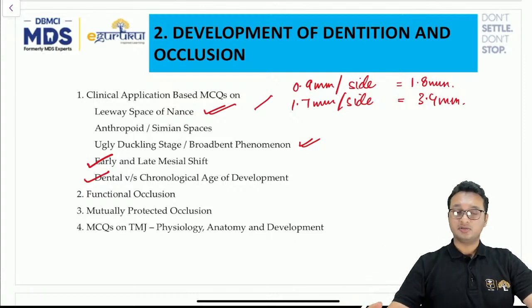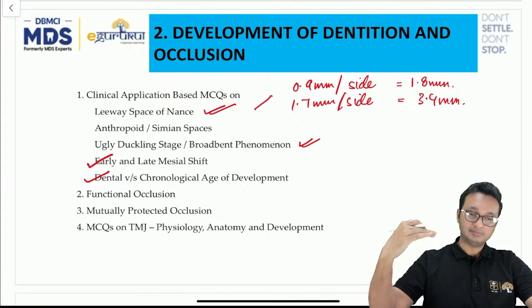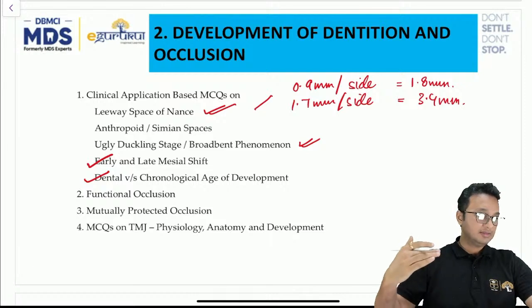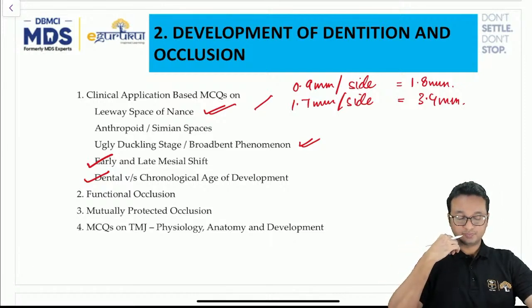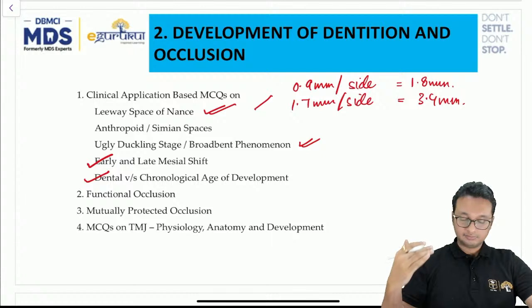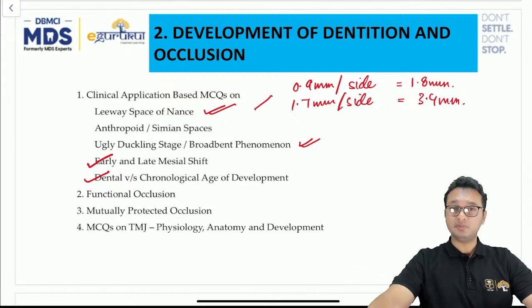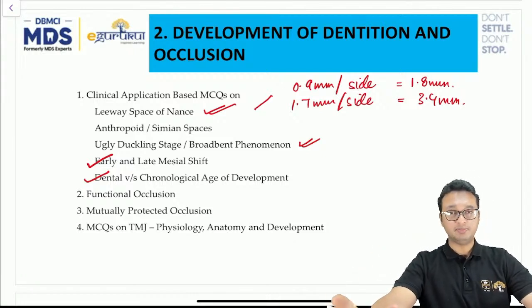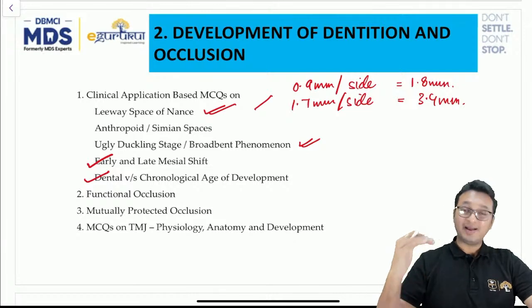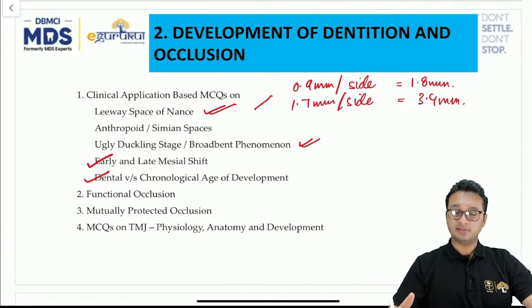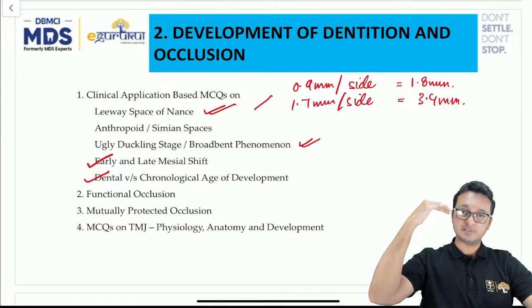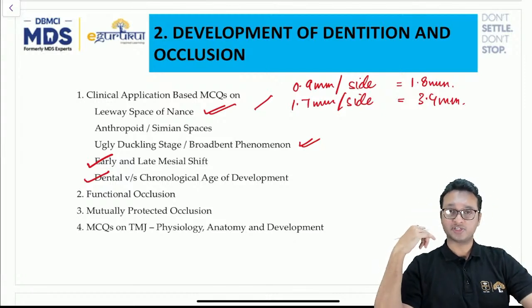You can be asked questions like the most common cause of buccal movement of the premolar or the buccal movement of the canine. Suppose a maxillary canine is buccally placed. It is high placed in the vestibule, but it is placed in the buccal direction. What can be the cause of this?